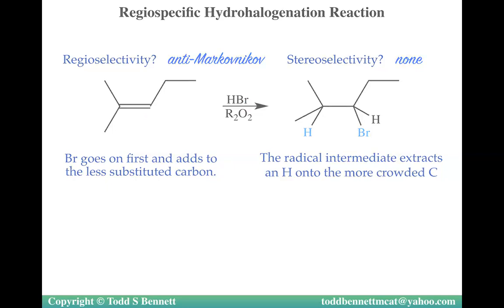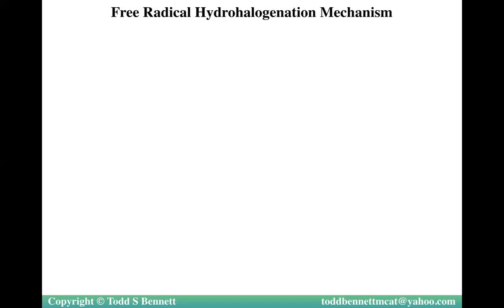Okay, so the mechanism. The mechanism is bizarre. So free radicals, just as the name implies, it is a radical, meaning it has a single electron. Not sure if this is the first time you're coming across that word. We've brought it up a few times. For the first time, I think it's present in the form of a reaction.